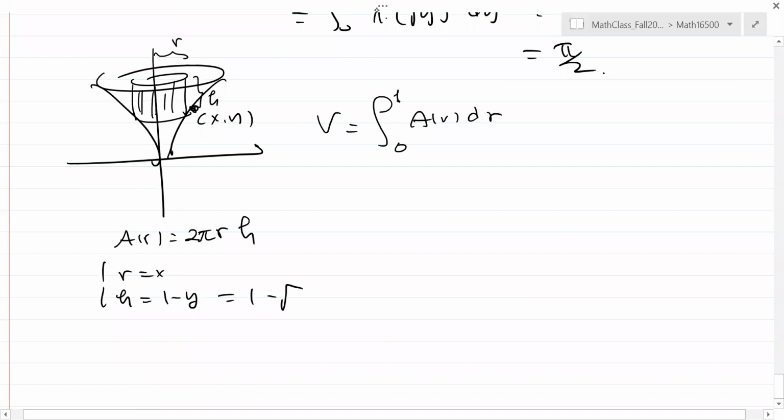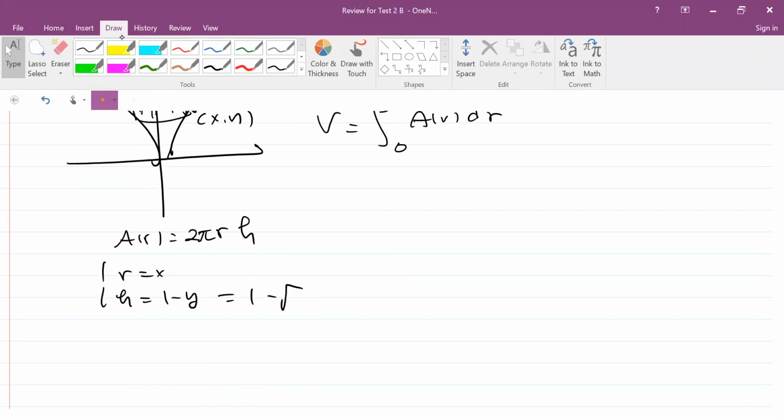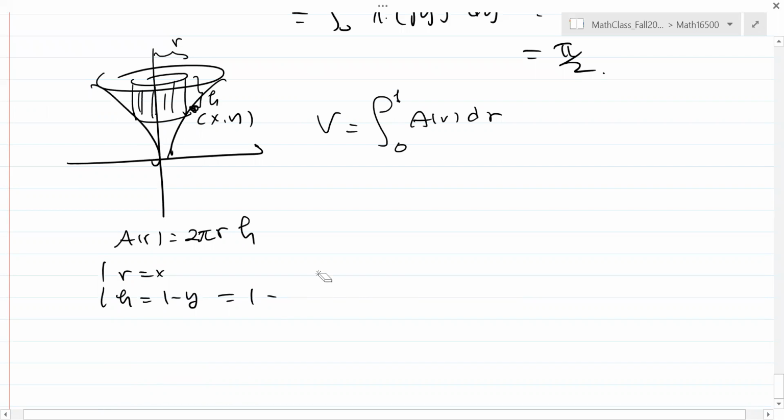My drawing is not precise. So y is going to be x squared. So you can replace r by x.